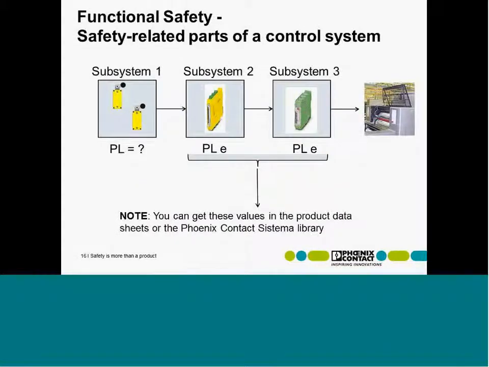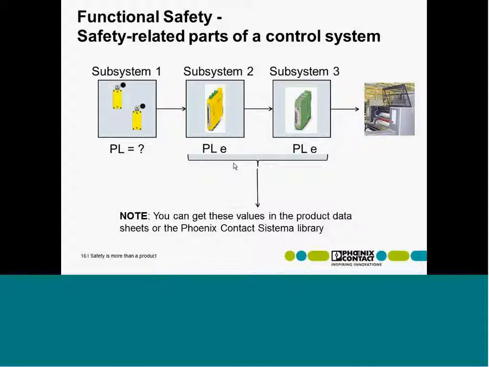On the next slide, you see the reason why we have done that, because we have different techniques here. Subsystem 2 and subsystem 3 are so-called safety components, with the intended use to ensure a safety function.